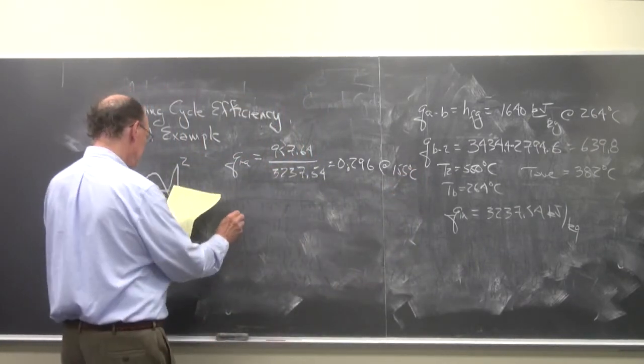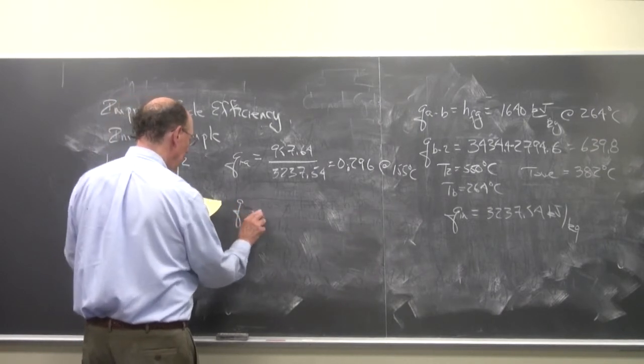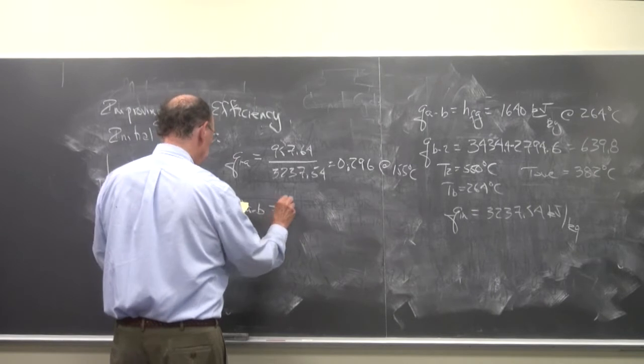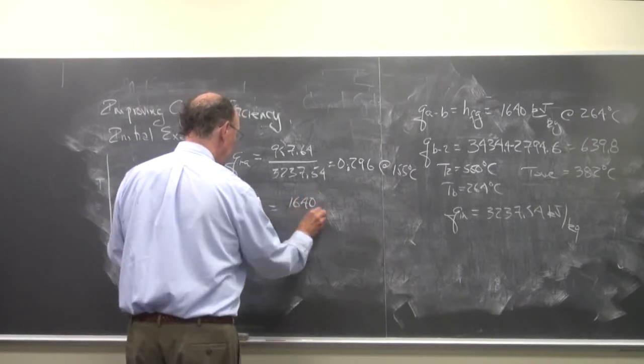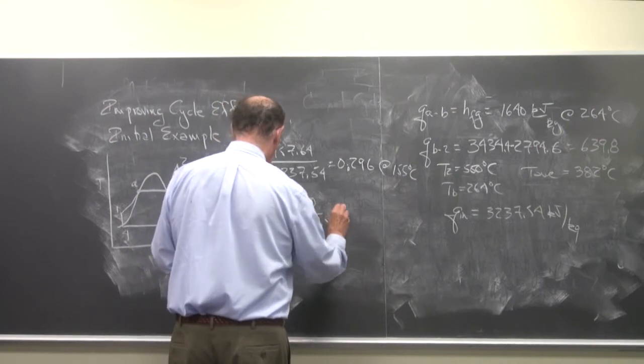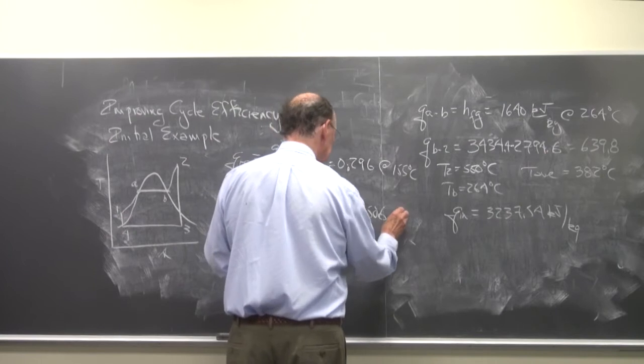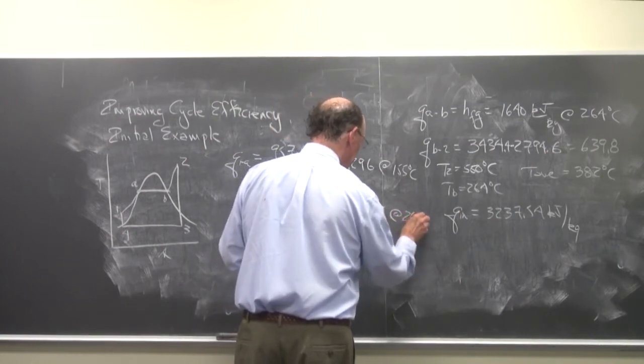We'll find out the percent at the other temperatures too. So QAB is 1640 over 3237.54. So this is 0.506. 50% is at 264 degrees C.